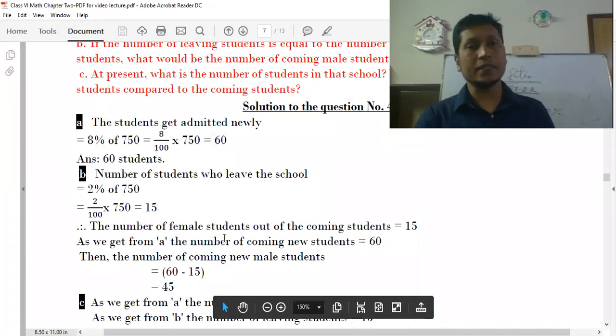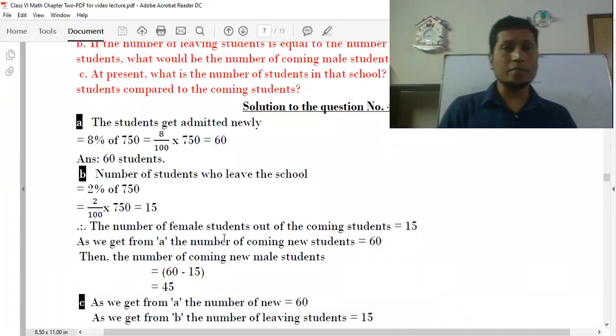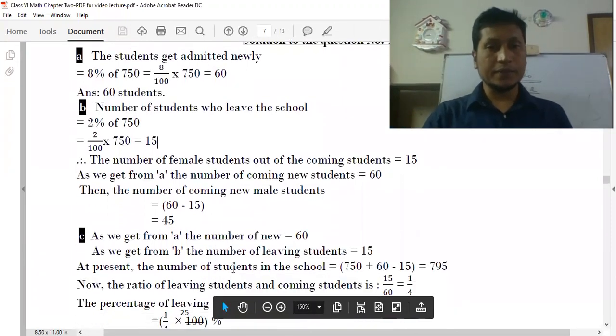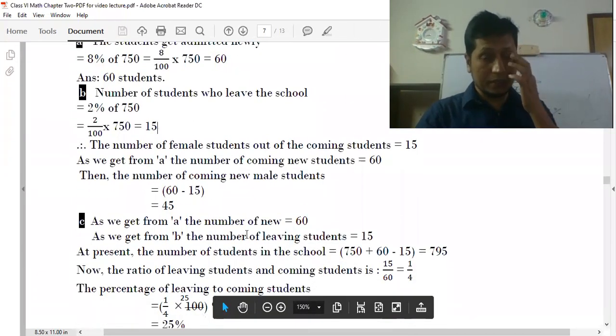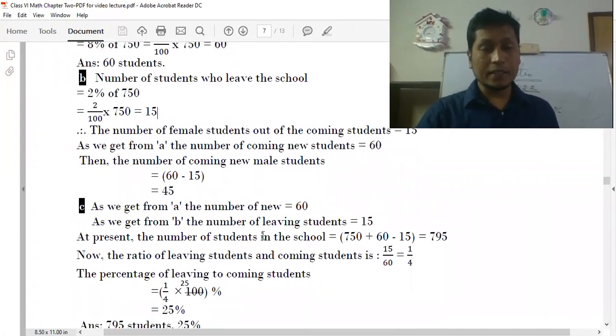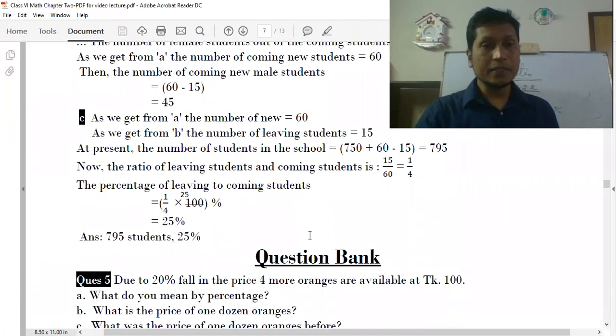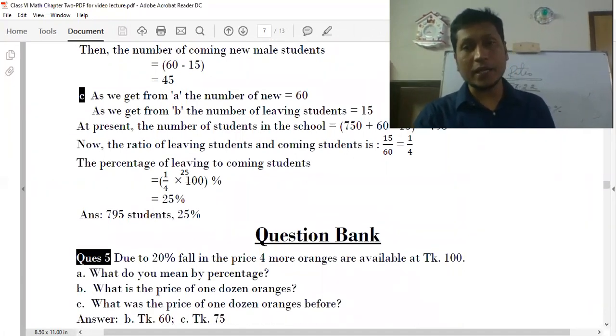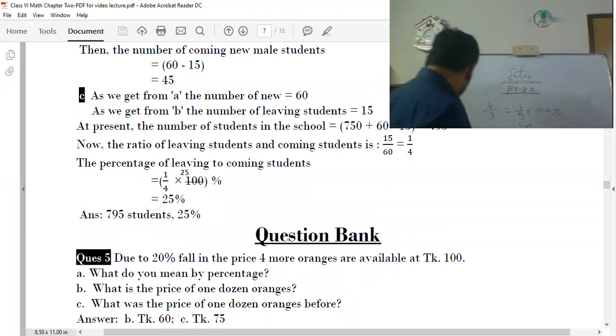And part C says, at present, what is the number of students in that school? To find out the present students, from A, we have known the total newly admitted students is 60 and leaving students is 15. So the number of present students will be 750 plus 60 minus 15. Why will it be?